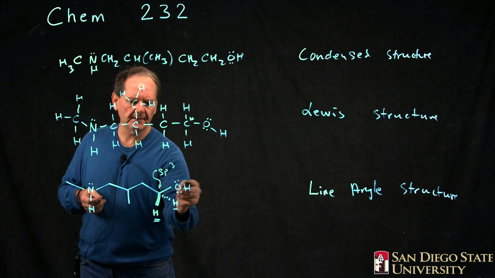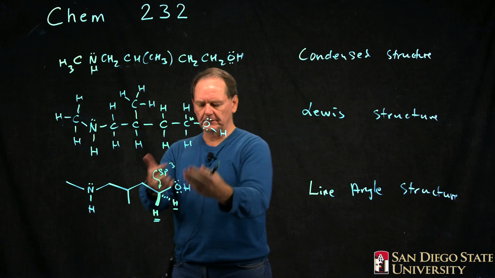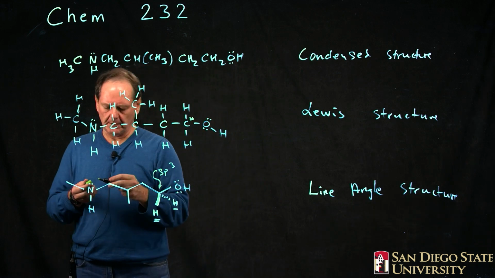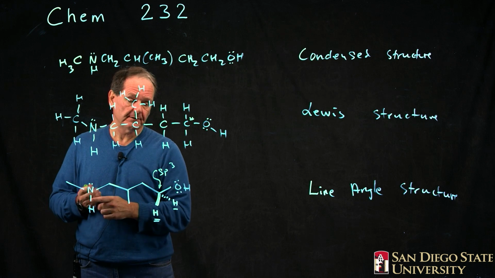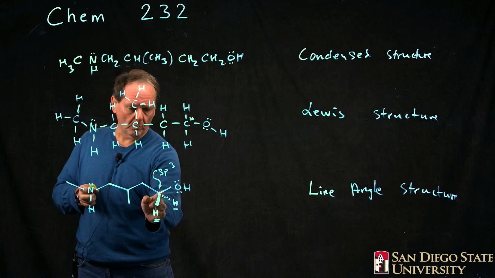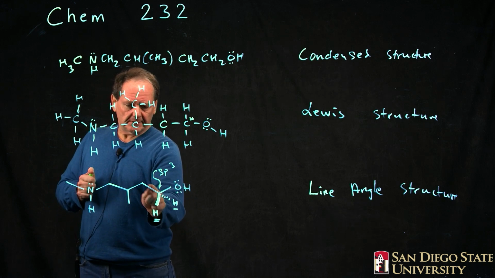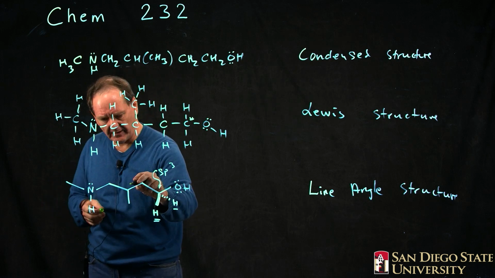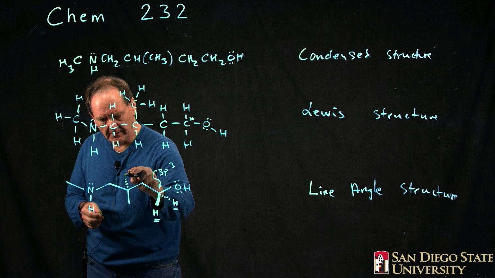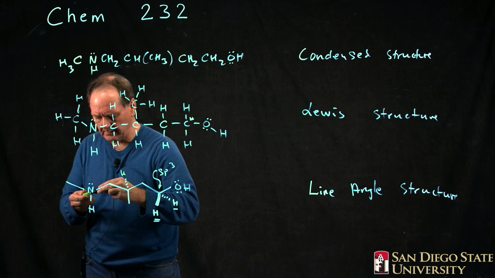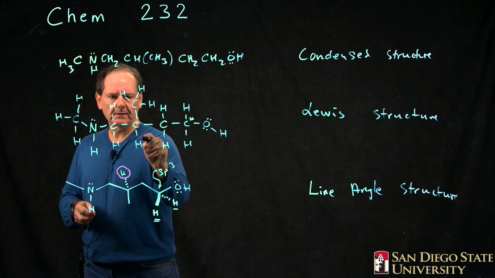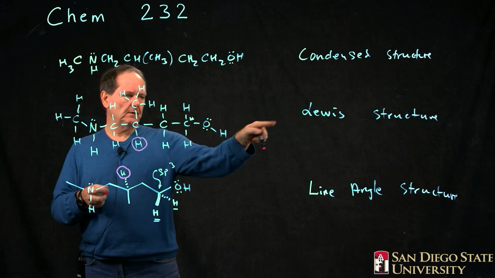In the line angle structure, we don't include the hydrogens originally, but you can, and you should probably practice that so that you get used to it. All of these kinks on the carbon chain are where you have hydrogens. For instance, you have another hydrogen here, but it's not indicated. This one here will be this one located here in the Lewis structure.